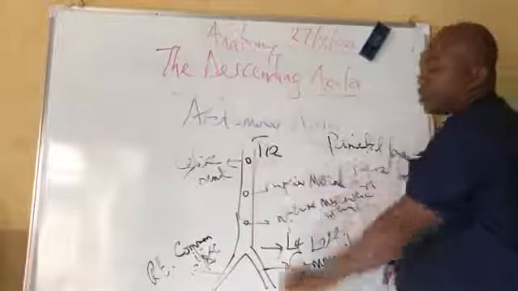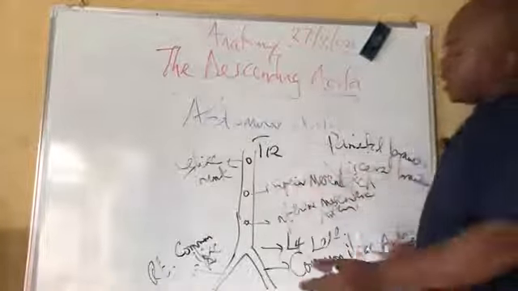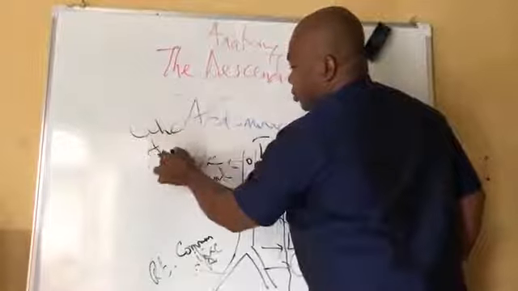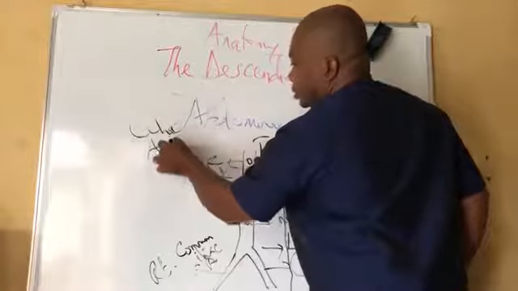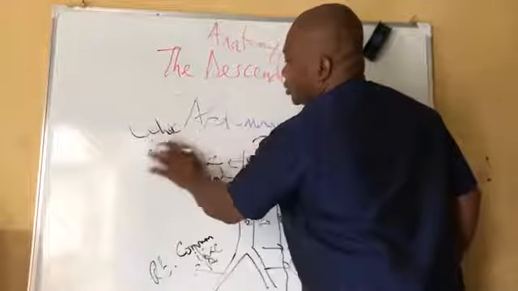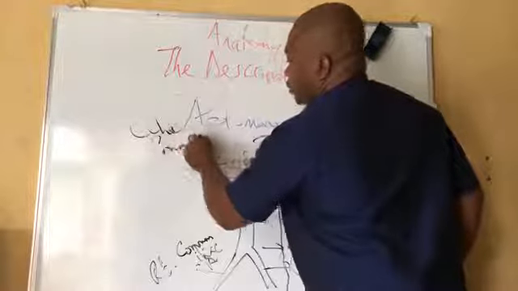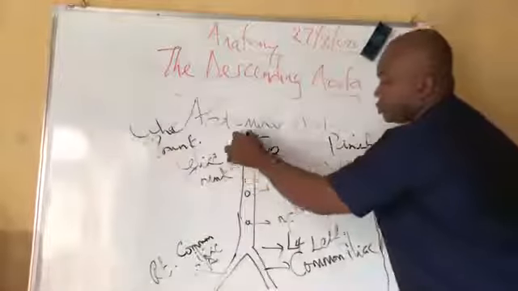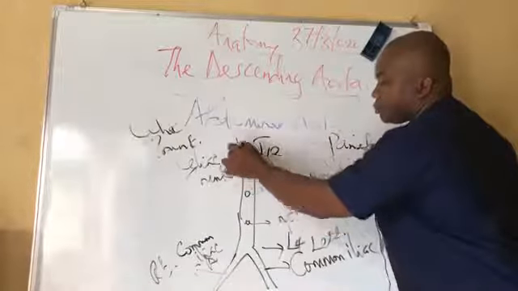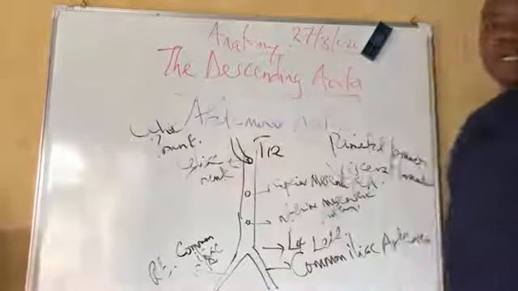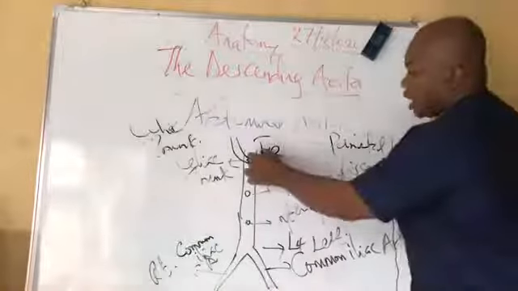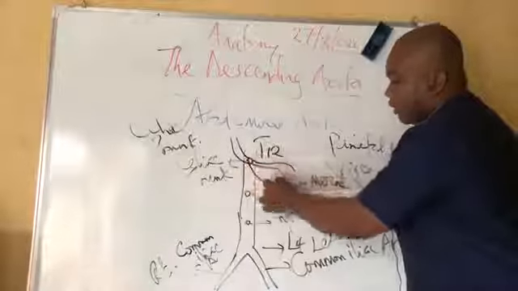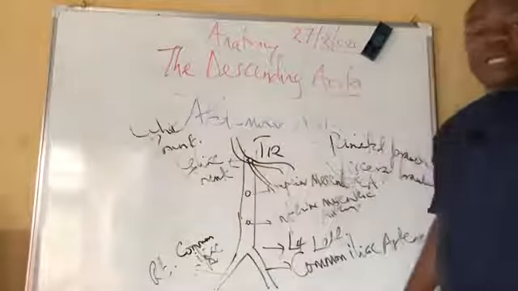If you come to the celiac trunk, you have three main divisions. One, the common hepatic artery. Two, the left gastric artery. Three, the splenic artery.